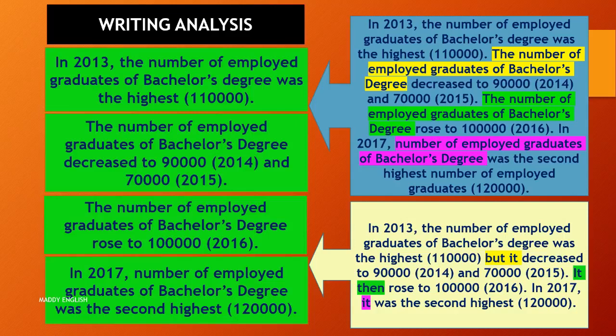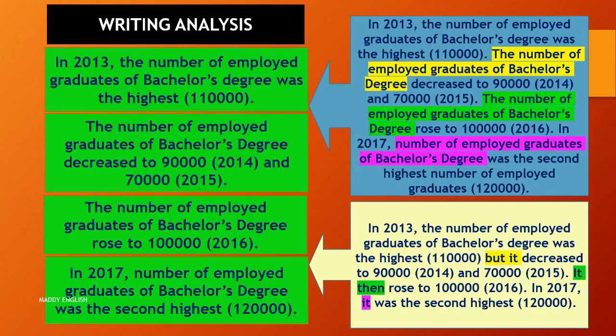Here is an example of how we can combine all the analysis that we made in figure 1 just now. If you notice, all the analyses were written in their individual sentences, and there are repetitions of words.